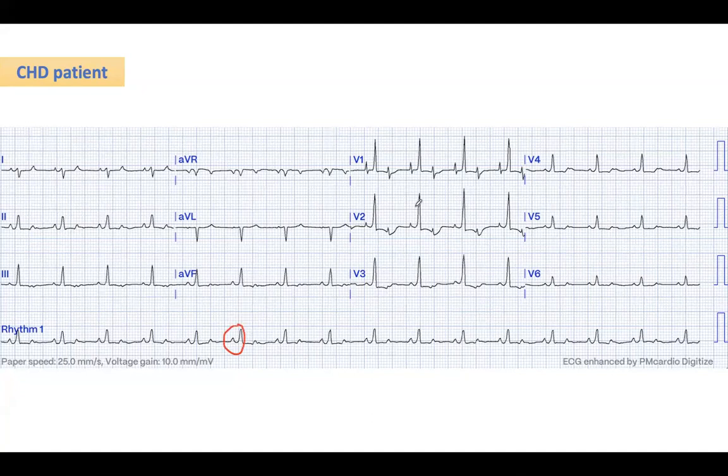Excellent. So look at V1, look at the P wave, and look at the deflection in the T. It looks identical to the P wave, right? And the T wave should never look like this. So there are definitely more P's than QRSs, and the P to P interval looks regular, and the P morphology looks identical. So this is another example of 2-to-1 conduction in a patient with congenital heart disease, explaining his bradycardia.